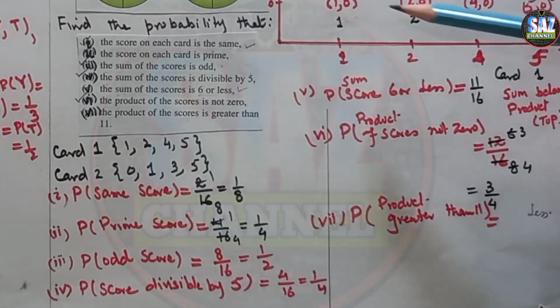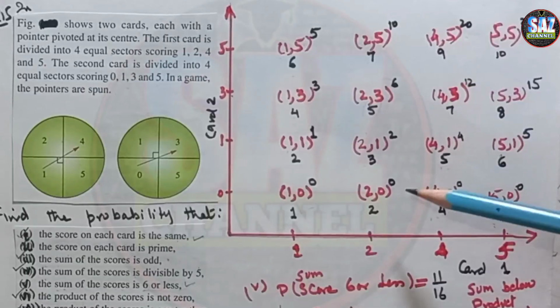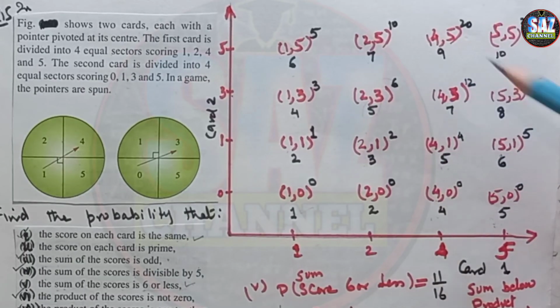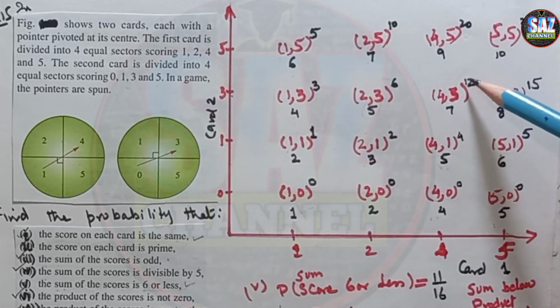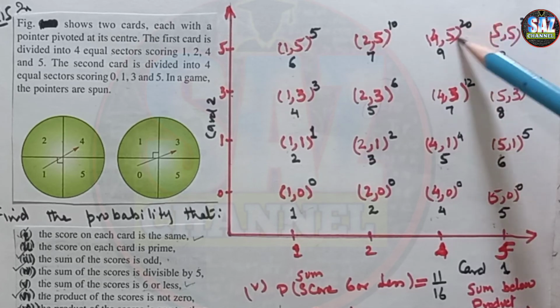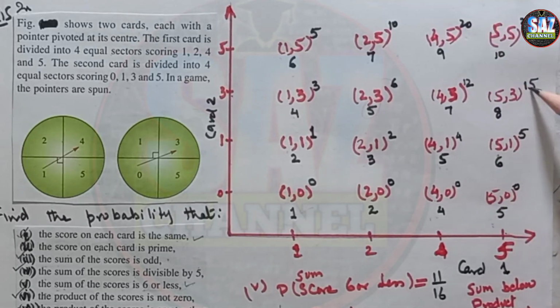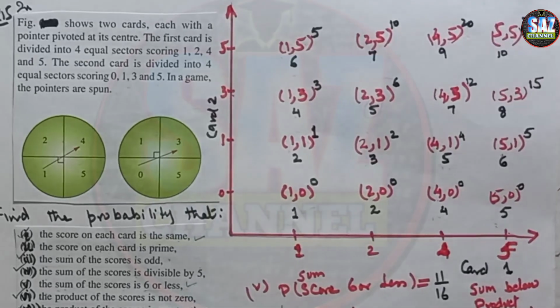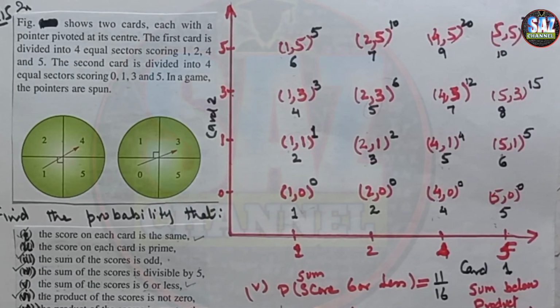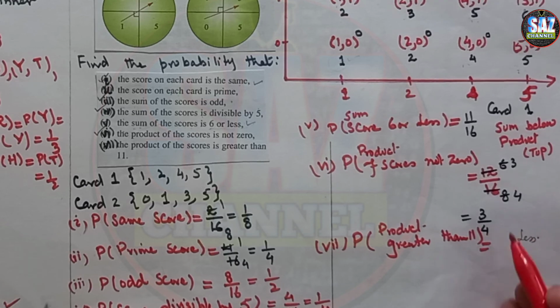Here we are less than 11, here again less than 11. Here is the first chance where we are getting a product more than 11. This is 1, this is 2, this is 3, and this is 4. 4 cases where we are getting a product more than 11. 4/16, which is equal to 1/4.